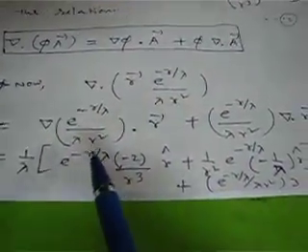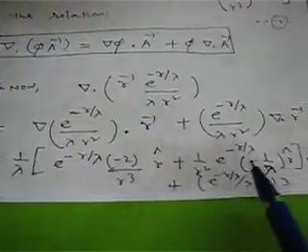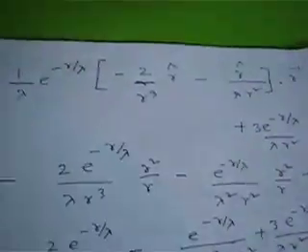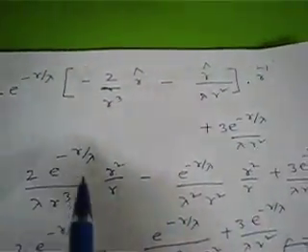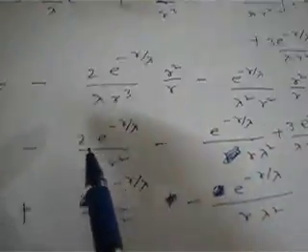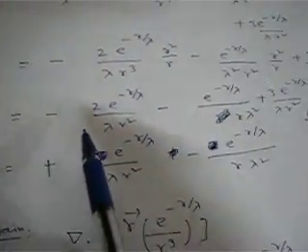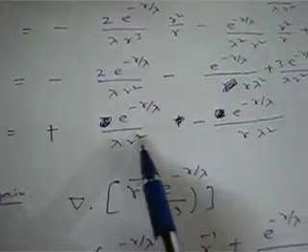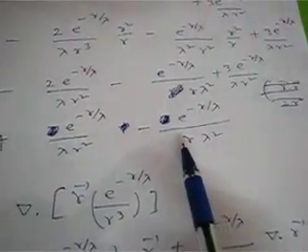Using this relation, we may simplify this expression, and finally we get this relation. This is the final form of that expression, plus of this, minus of this.